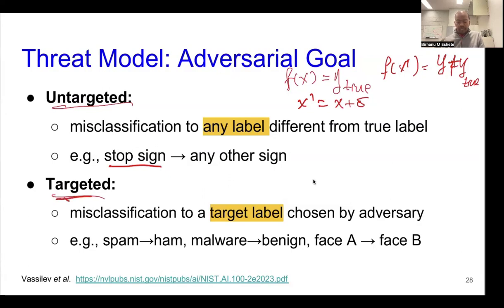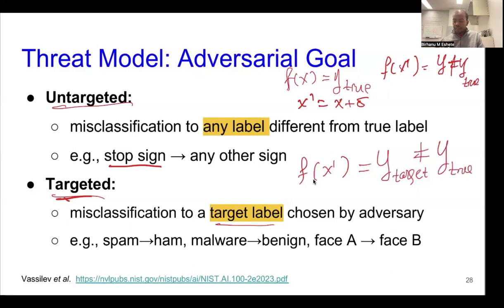For the targeted case, the idea is you want misclassification to happen for a specific class or target label that you choose as an adversary. So basically, we want f of x prime to be classified to y target, and we know y target is different from y true, and y target is picked by the adversary intentionally because that fulfills the adversarial goals.